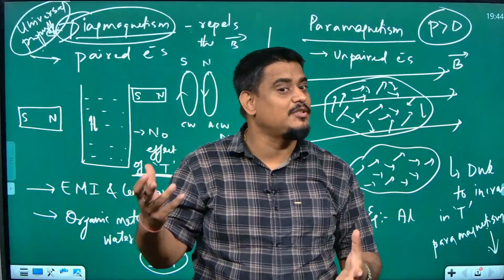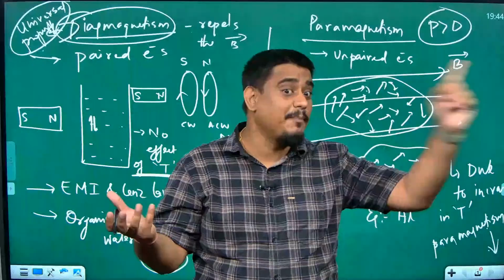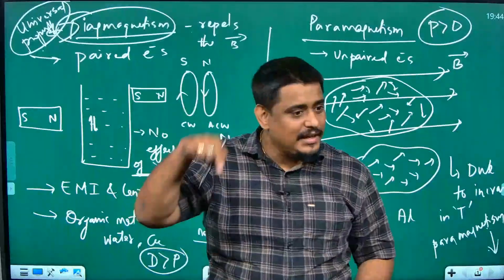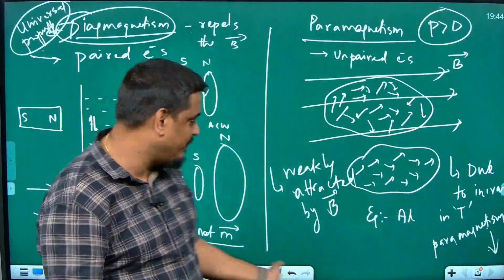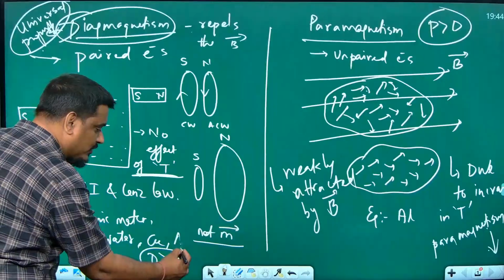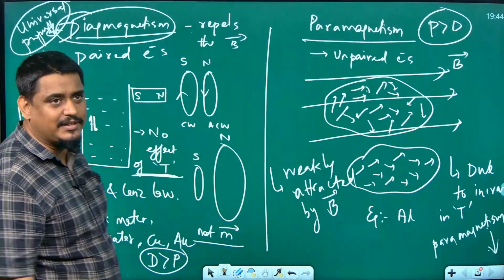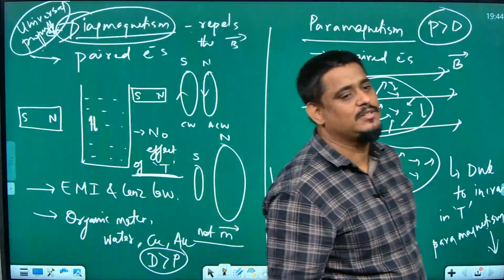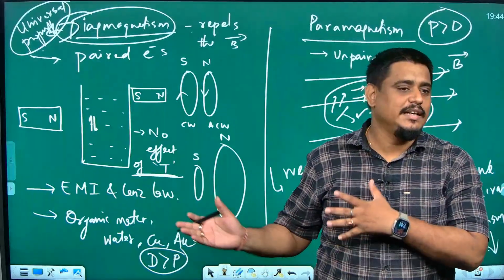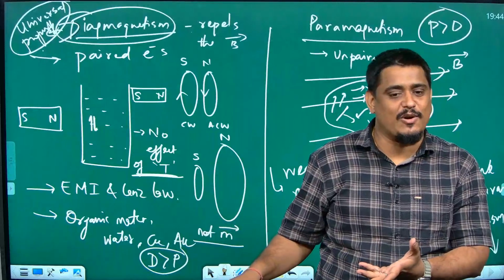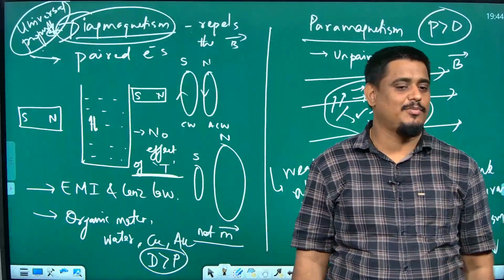If diamagnetism is stronger, even after having unpaired electrons, it will be in the diamagnetic category only, which is shown very well by copper, not only copper, gold also. Gold is Au, if I am right. Gold shows diamagnetic behavior because its diamagnetic properties are stronger than its paramagnetic properties.